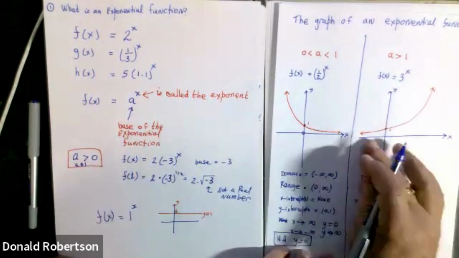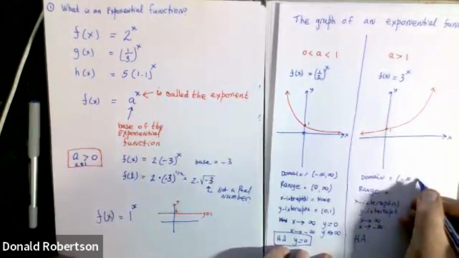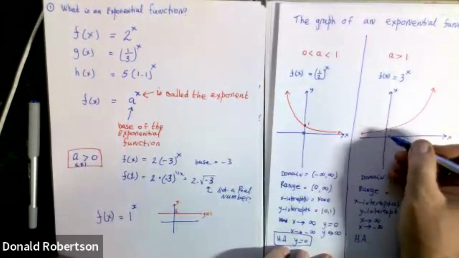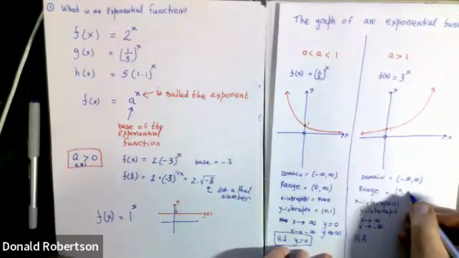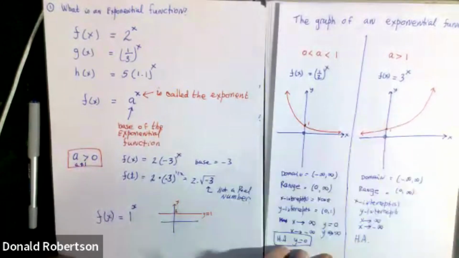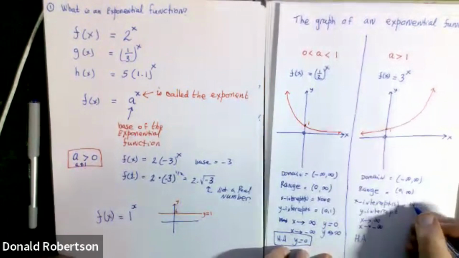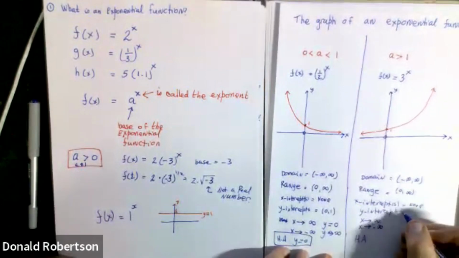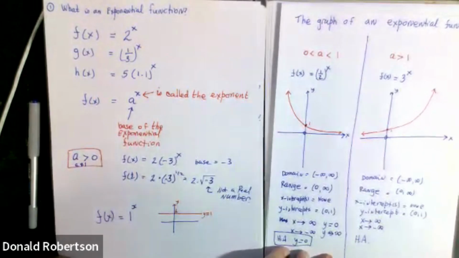Right, let's start with its domain. All usable values, exactly the same in both cases. Let's talk about the range. Yeah, 0 and up, but you don't quite get to 0 because it levels off. X-intercept, there are none, again. Y-intercept, yep, it crosses the y-axis at 1.